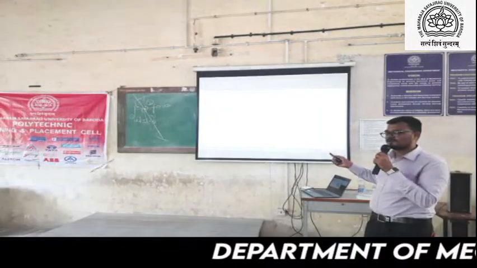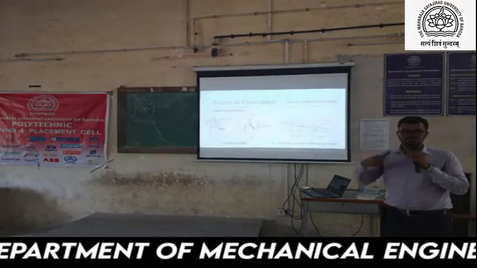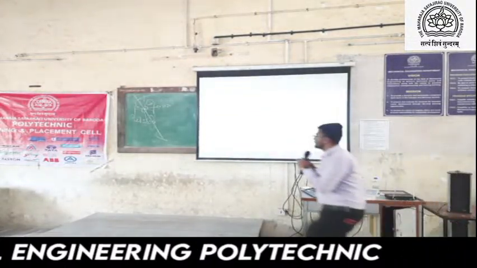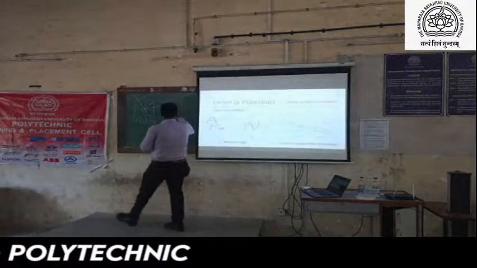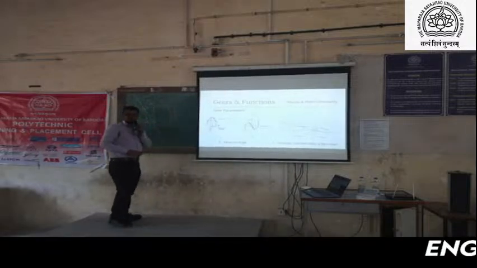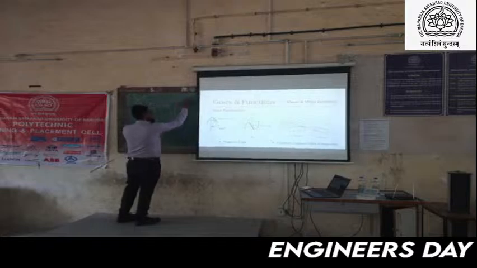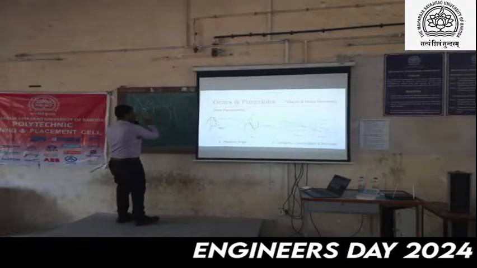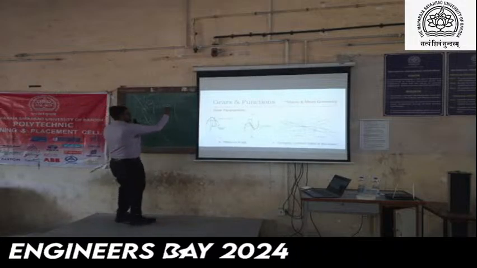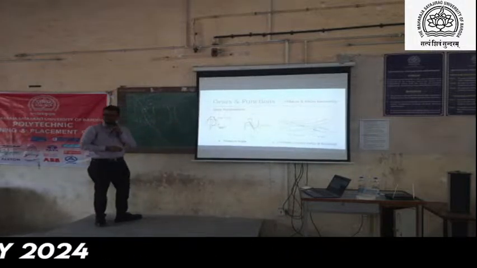How can we calculate the total contact area? Wheel is there, pinion is here. Yes, no? Can you understand now? So this area will be the intercontact.